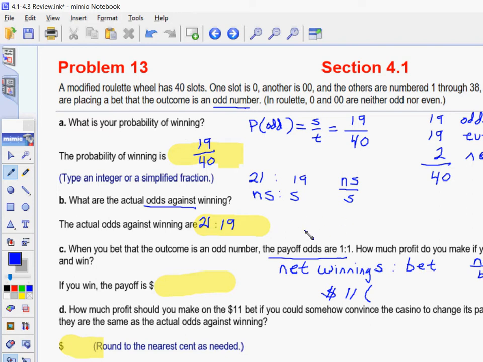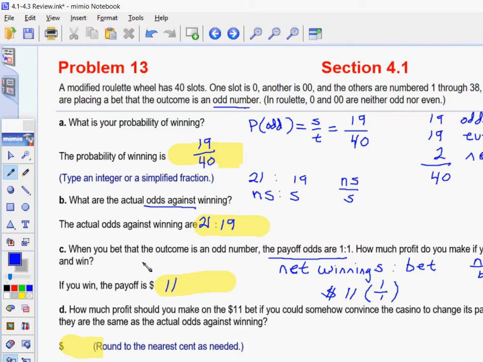Here we have the net winnings is $1 and the bet is 1, yeah, it's 1 to 1. So 11 times 1 over 1, which is just 1, we win $11.